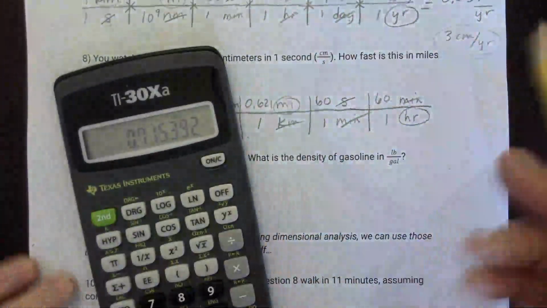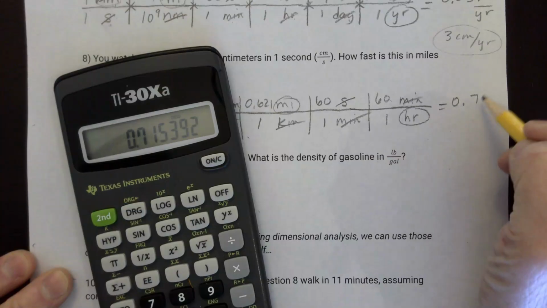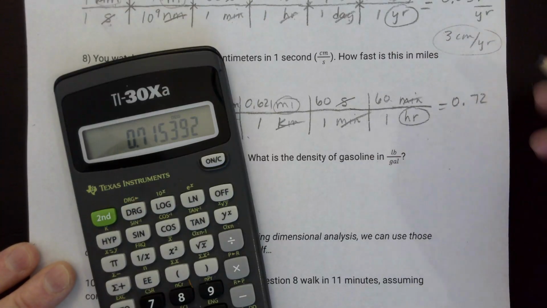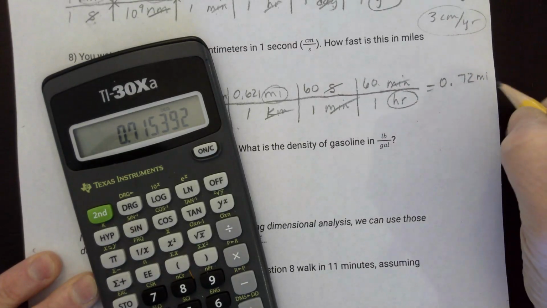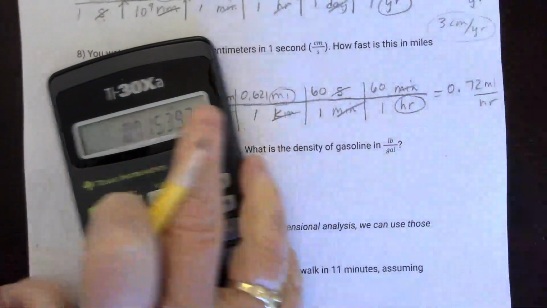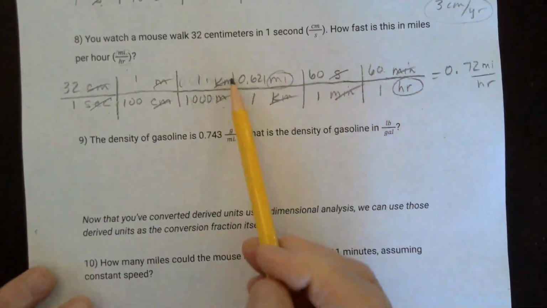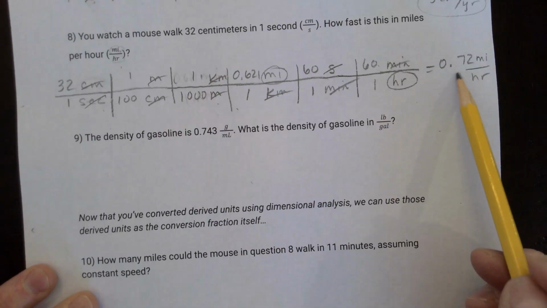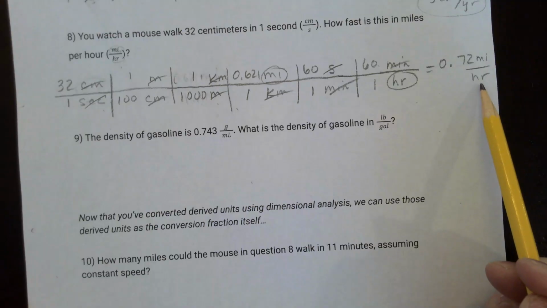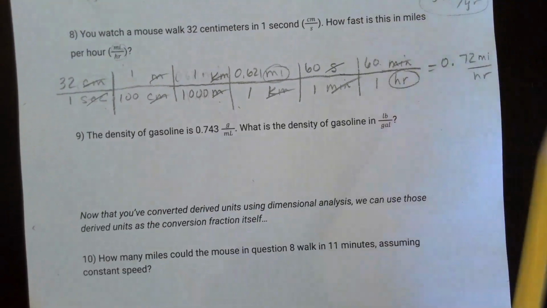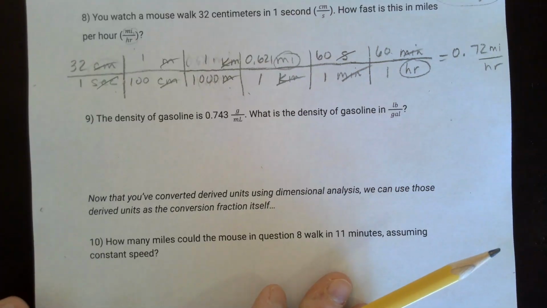That's going to give me 0.72, let's call it, we're going to round that to 0.72 miles per hour. Okay, so this little mouse can walk at a speed of 0.72 miles per hour. It doesn't feel very speedy, but I guess they're little tiny little things.